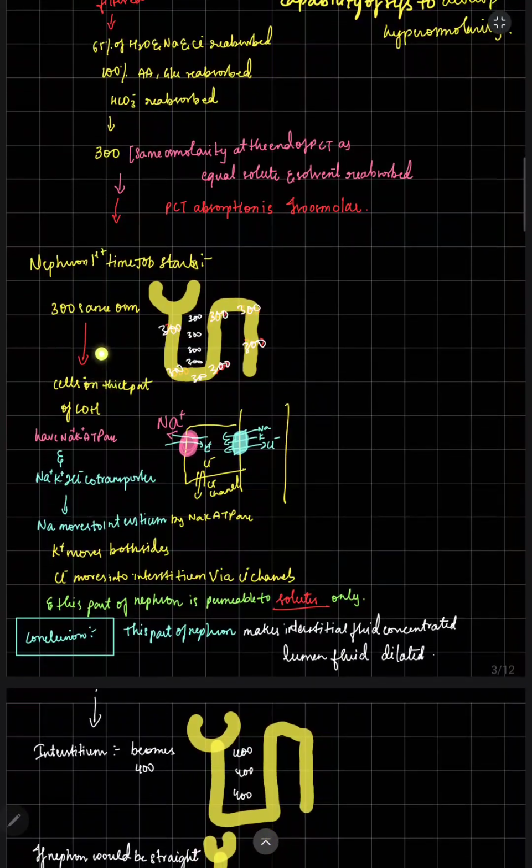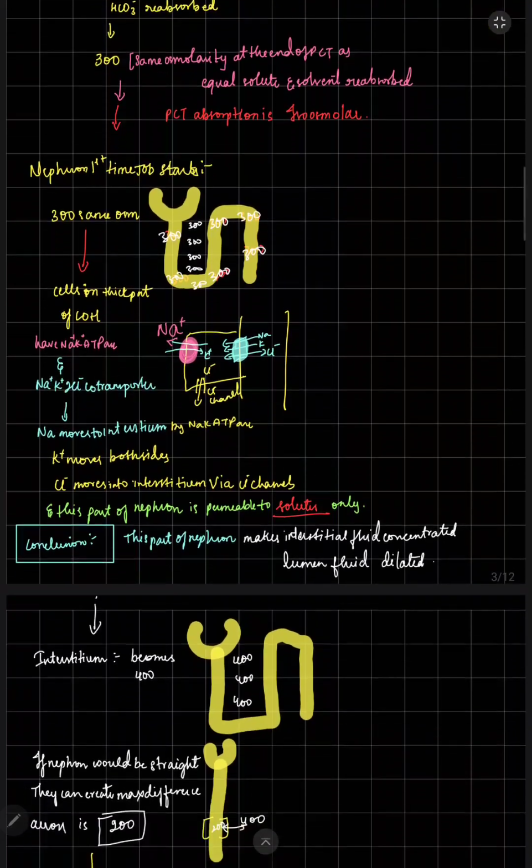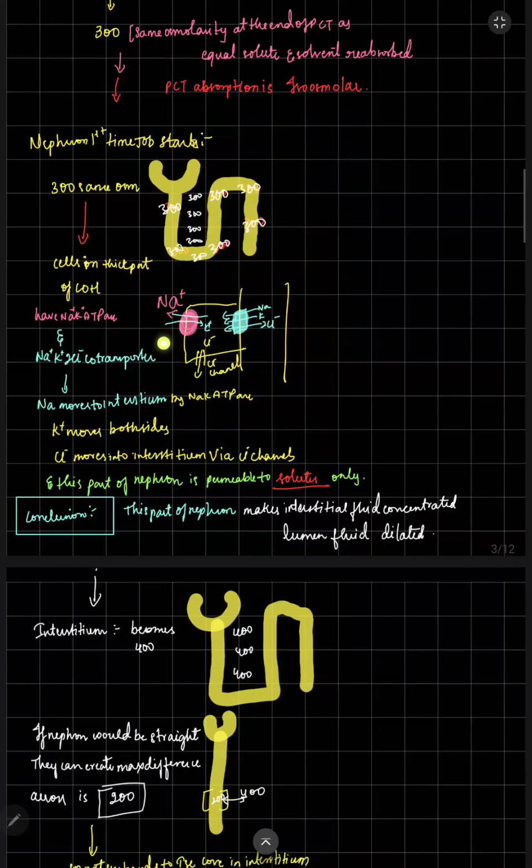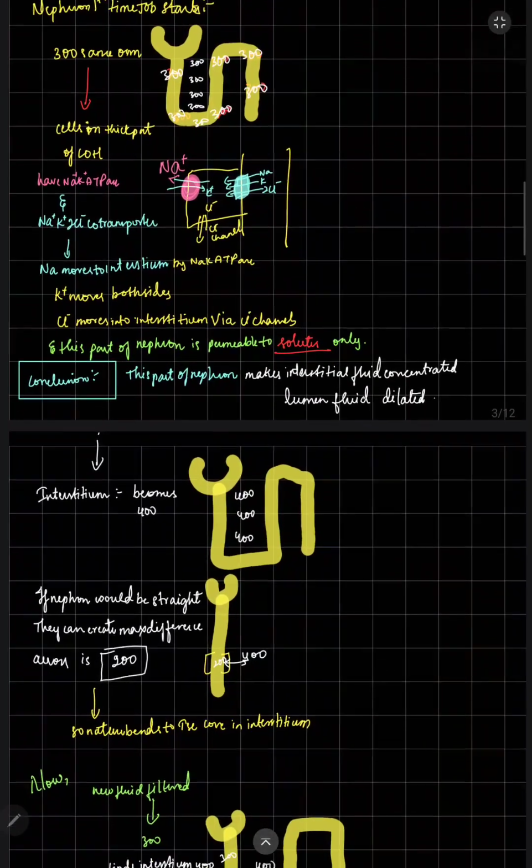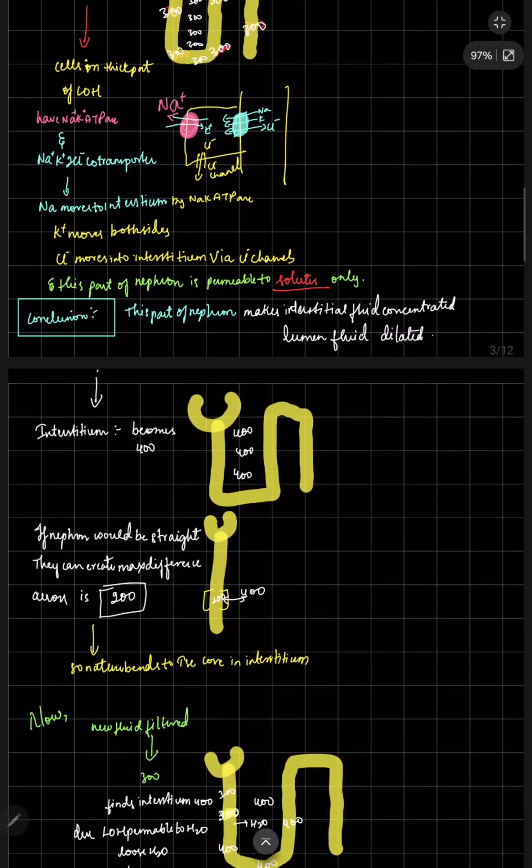Now when the nephron's job starts for the first time, cells in the thick part of loop of Henle have the sodium potassium ATPases and these transporters, which will take up all these ions and make the interstitium hyperosmolar, by the similar mechanism which I've already discussed.